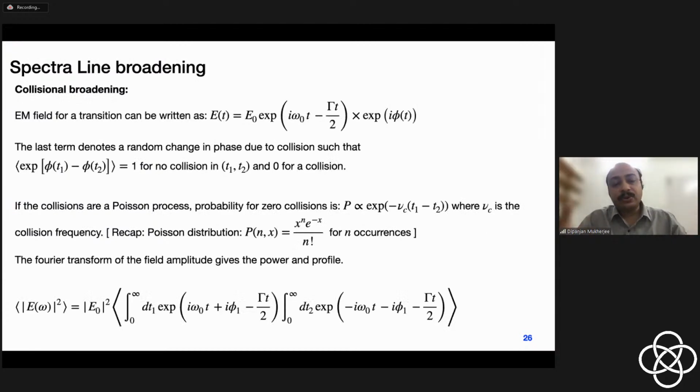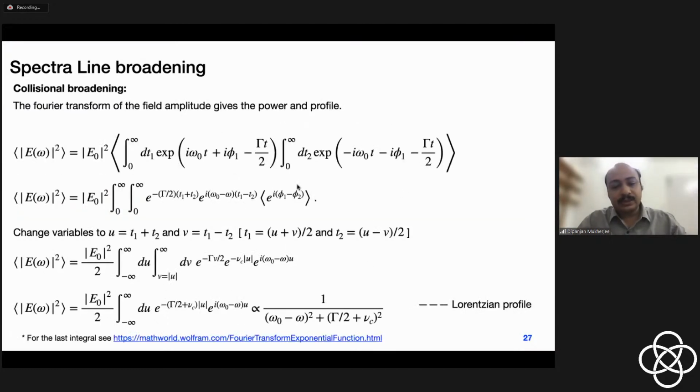But what is more important is not the mathematics of it, but the physical understanding of what is the expectation out of this. So after all this mathematical jugglery, what you will find is the square of the Fourier coefficient is related to this complex integral, which can be again solved to find that it is again a Lorentzian factor.